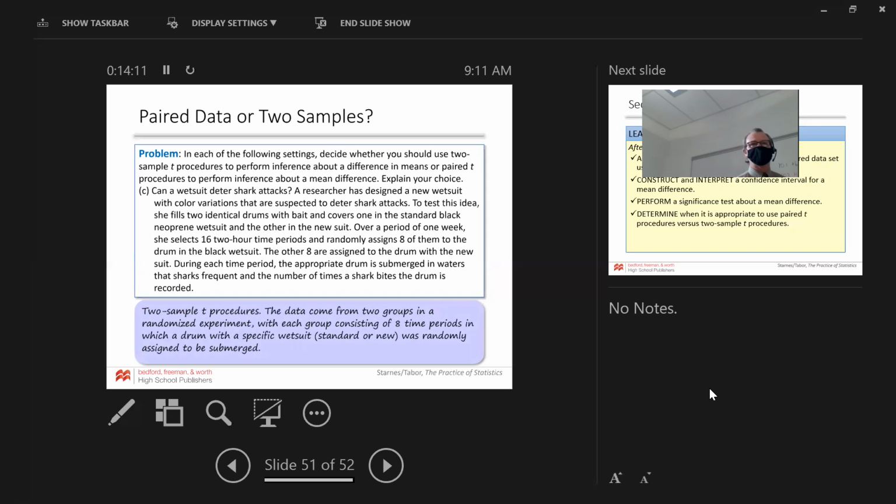Okay, they're not matched up. But what happened? The sample sizes are the same. They're both 8. It's got nothing to do with it. They didn't put the same drum with both wetsuits. Black wetsuit, color wetsuit. Okay, it can be confusing.